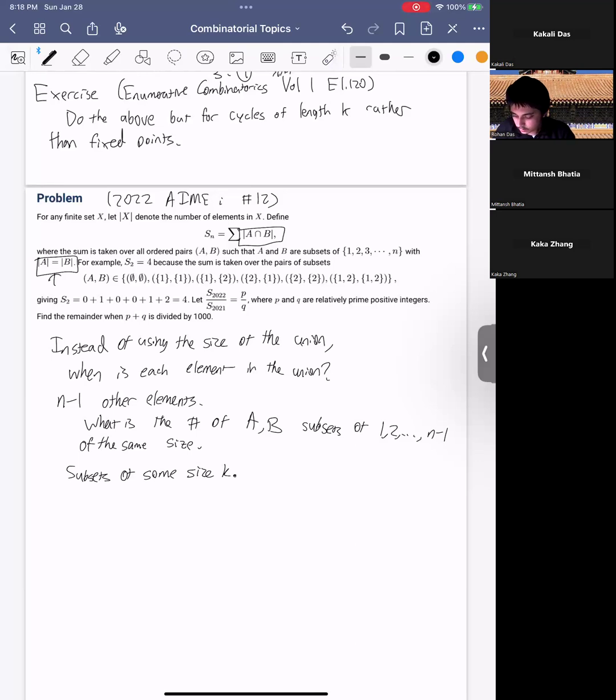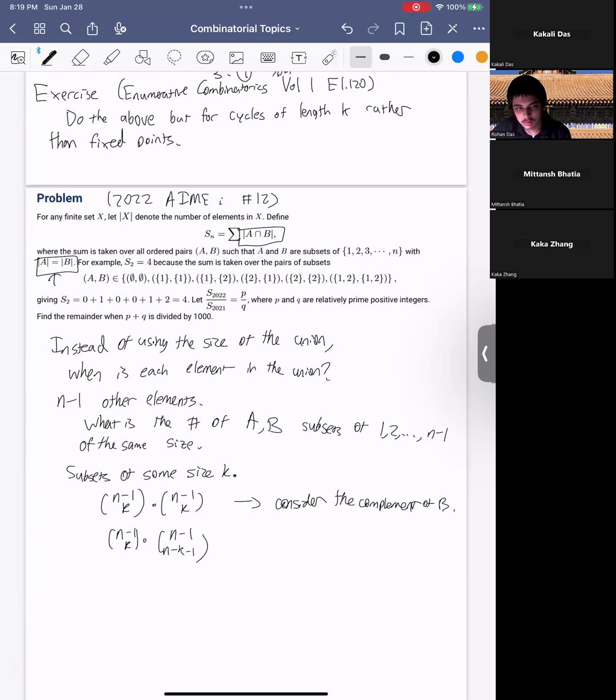And then there are n minus 1 choose k ways to pick A, and then n minus 1 choose k ways to pick B. But actually, since this isn't in the Vandermonde form, but it's very close to it, as before, we instead consider the complement of B, which means everything that isn't in B. Then that would be n minus 1 choose k times n minus 1 choose n minus k minus 1, which you can compute using Vandermonde.